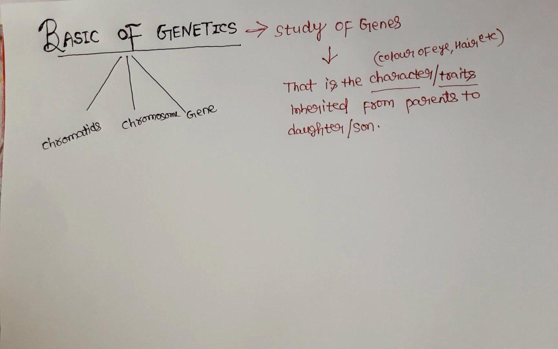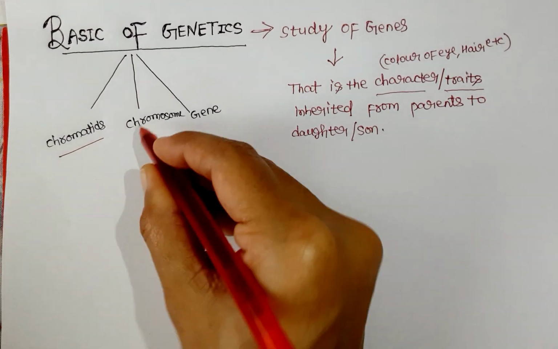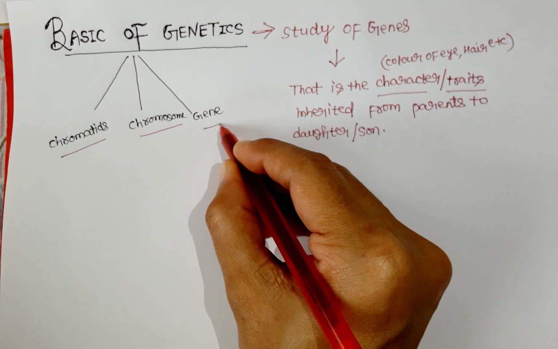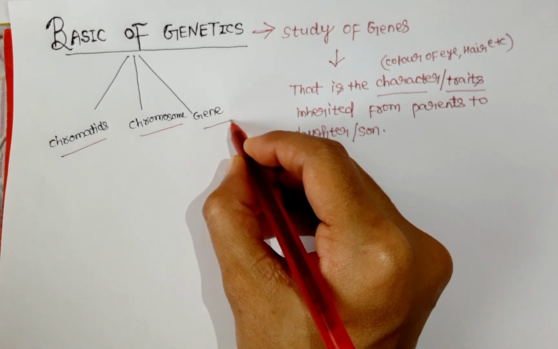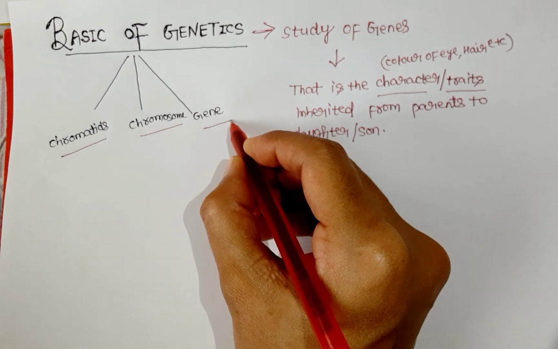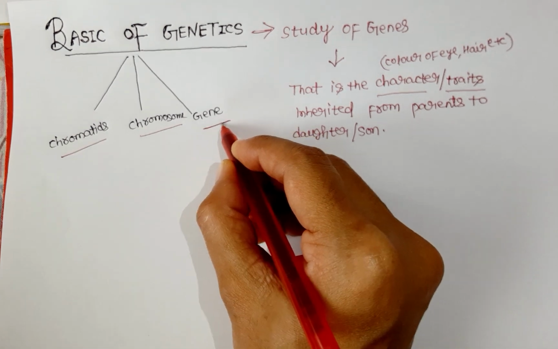And in this chapter, we come across 3 points in which we always get confused. That is chromatids, chromosome and genes. Actually, they all are the same, but in structure they are different.